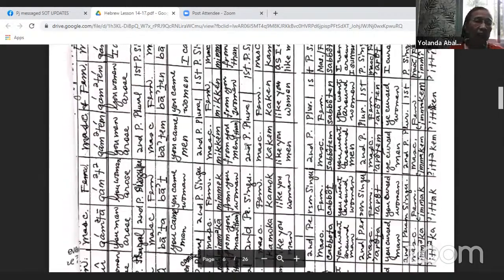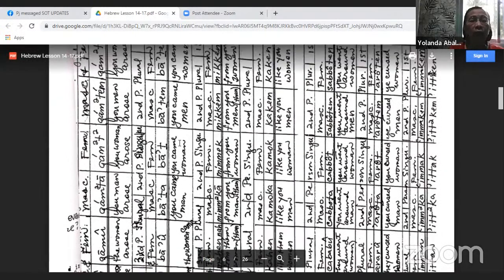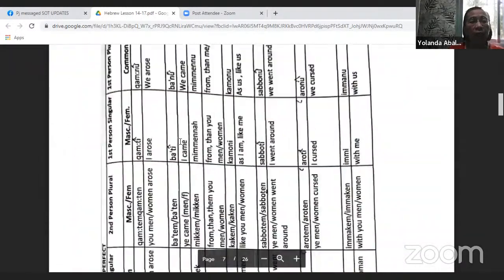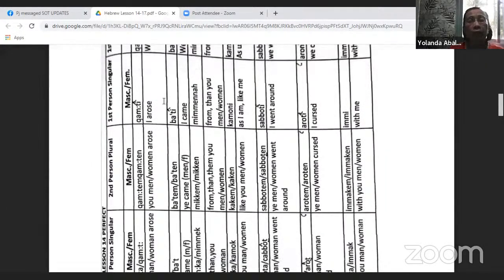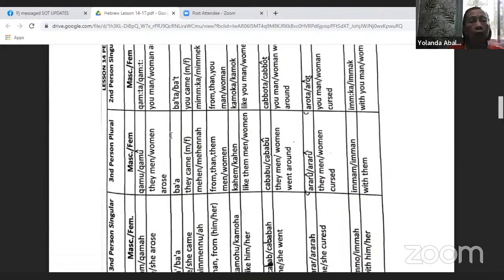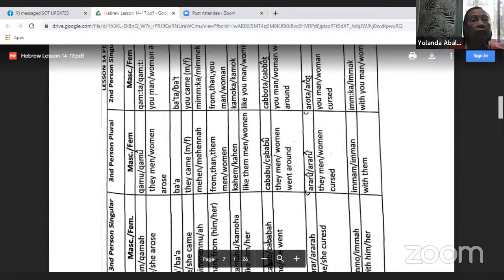Alright. Ito, dahil baligtad ang pagkakuha ni Pedro, hindi po natin to pwede. Mo ba ito, Pedro, ibaligtad? Lagay mo sa tama na order ang ginawa mo. Hello? You revolve this.